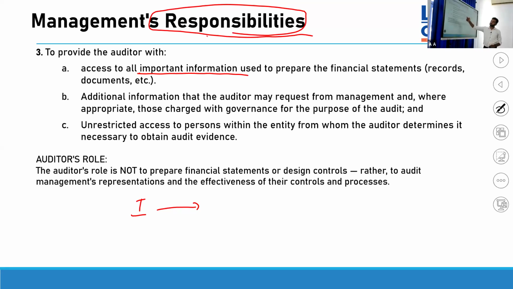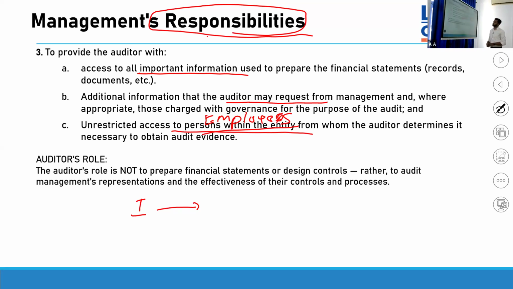Also, you must provide additional information that the auditor may request from management. If the auditor requests any other additional information, then as management, you must provide it, right? Also, unrestricted access to persons within the entity, simply employees, right?